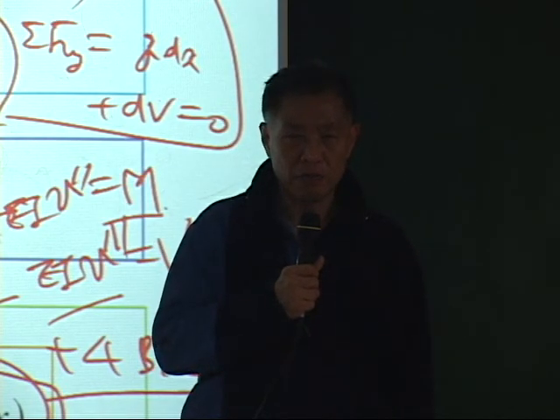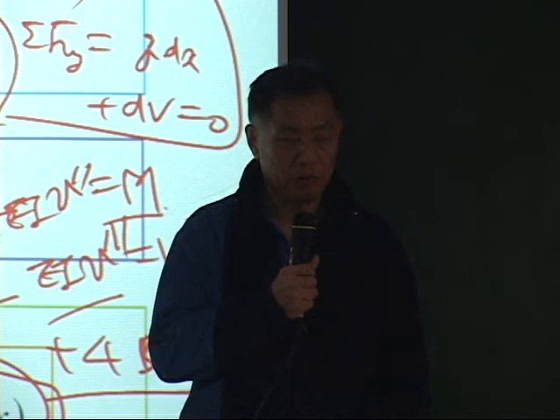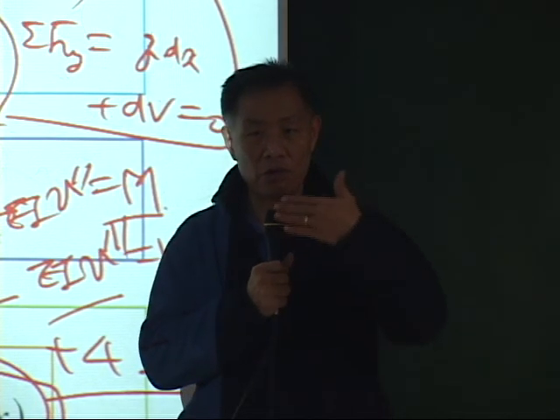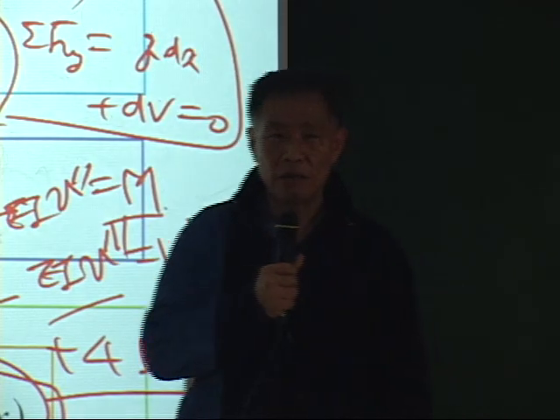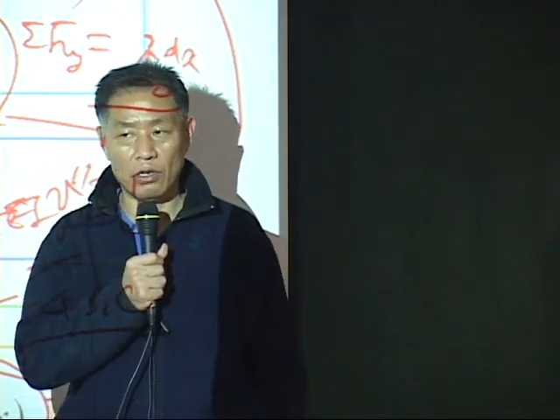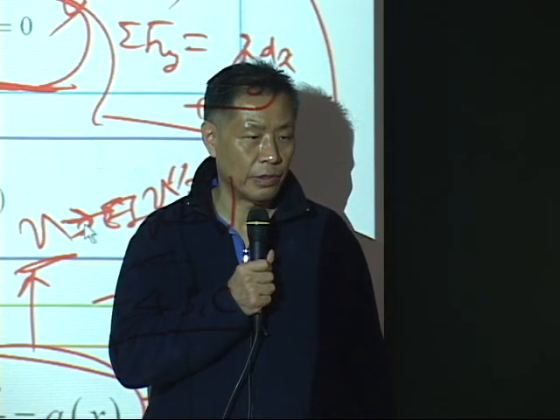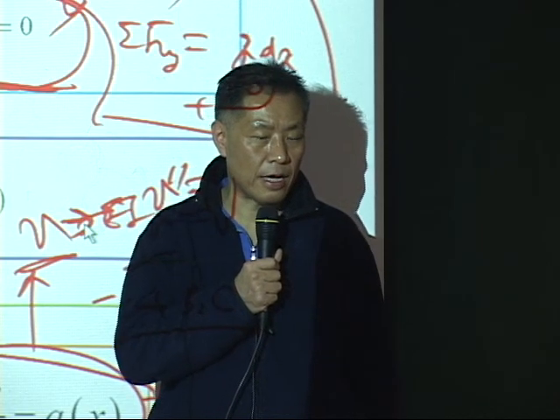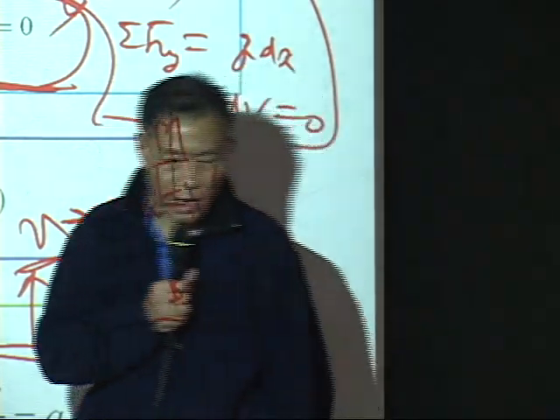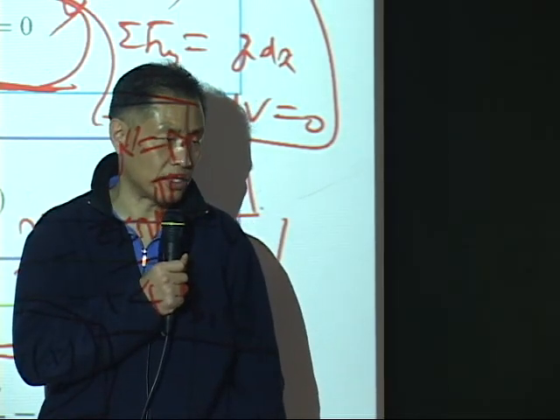At the top, write down your name and write down moment. Don't look at me. Look at your paper. Write down the relation between moment and curvature. And second, write down the relation between curvature and deflection.